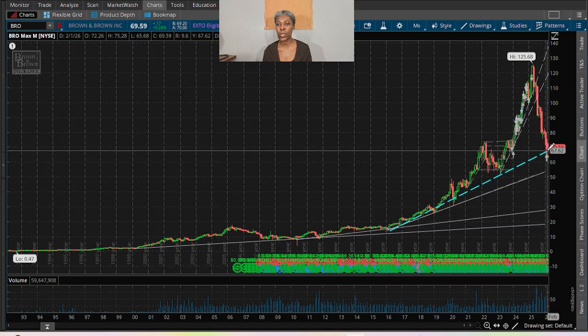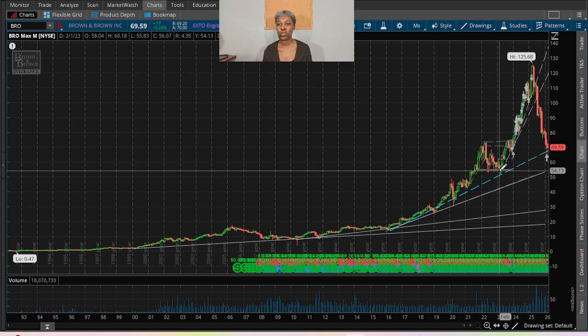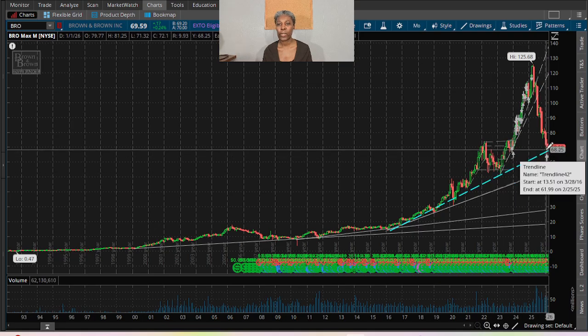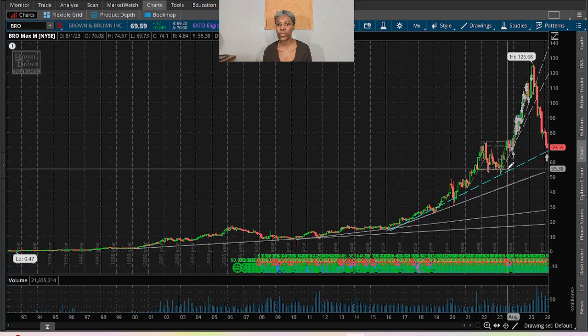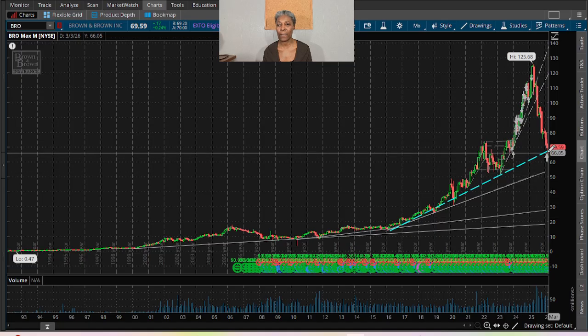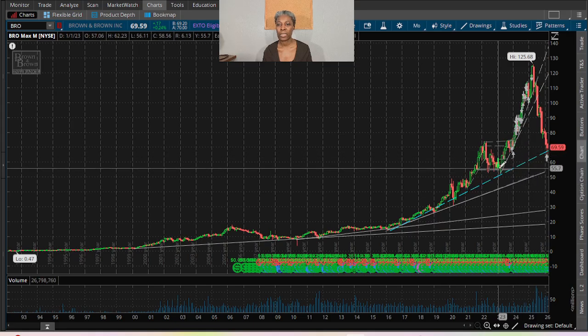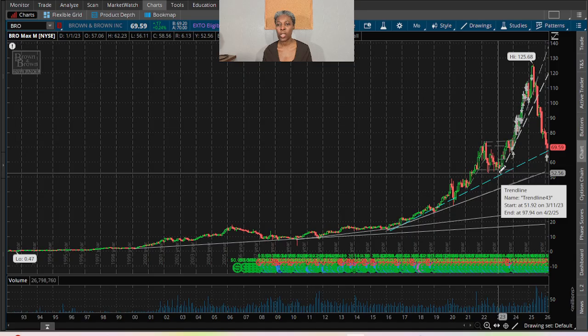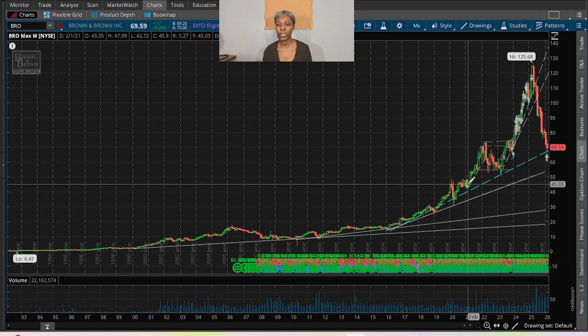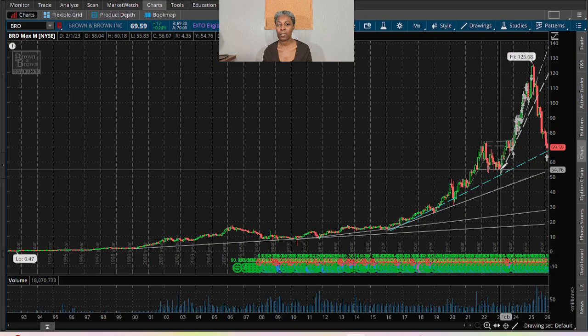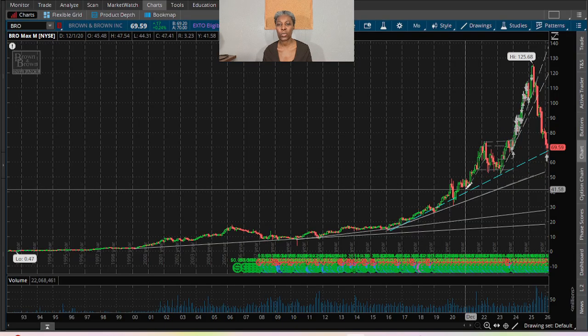So when I compare this V to this one, the horizontal line here is higher compared to this one. So I have a higher low here. This low is higher than this one. So from here, if I want to compare it to this V, this low is higher than this one.